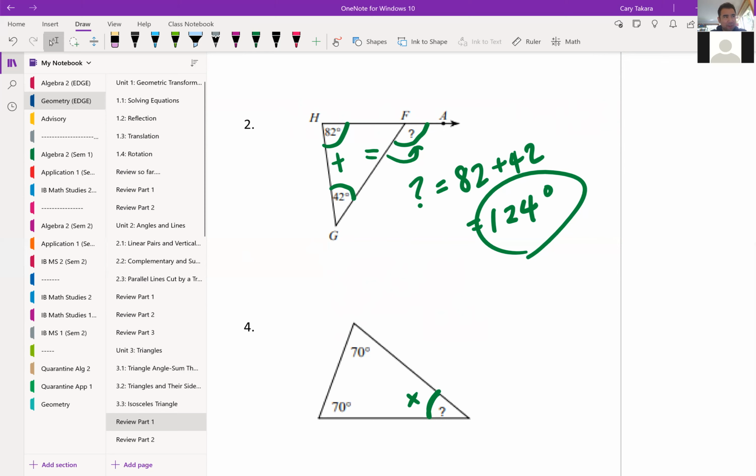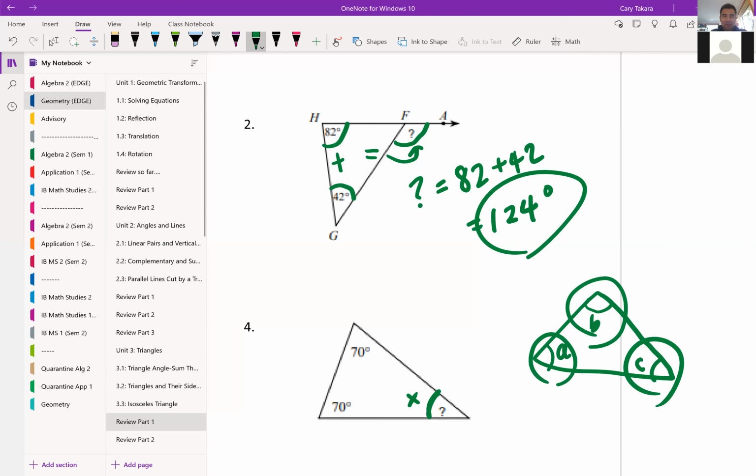This one, we are going to use the rule, which you don't need to memorize, the theorem, but it's called the triangle angle sum theorem, which says that if you add all 3 interior angles of the triangle, it is always what?